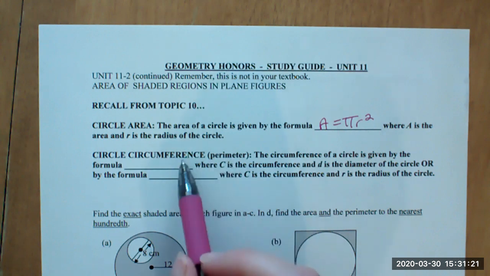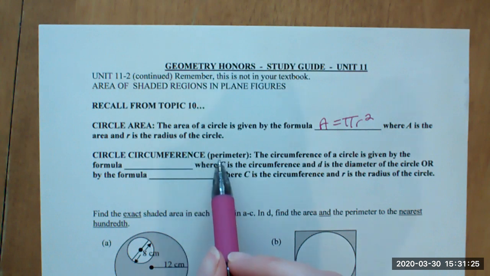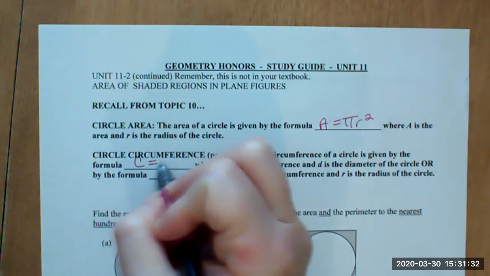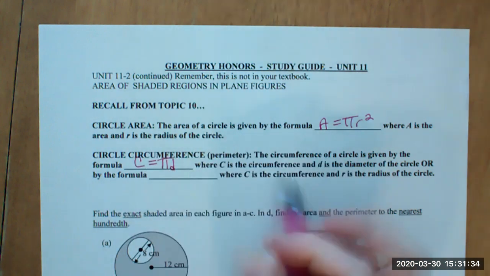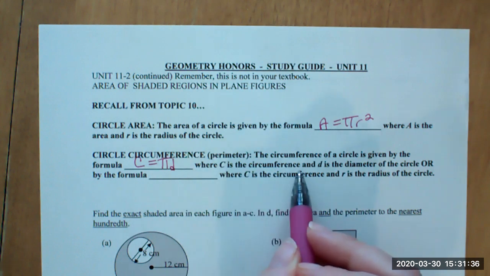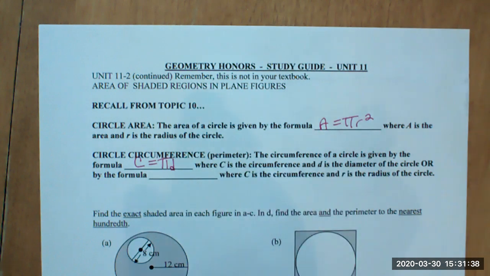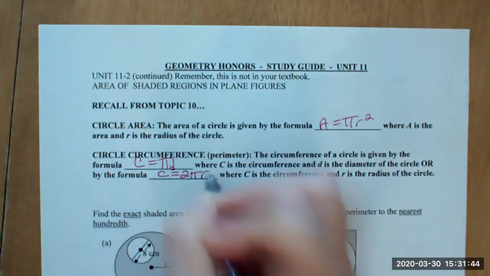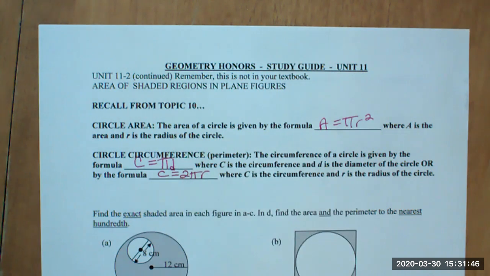The distance around a circle is called the circumference, but we could also call that its perimeter. The circumference is given by C equals pi times d, where d is the diameter, or by C equals 2 pi r, where r is the radius.